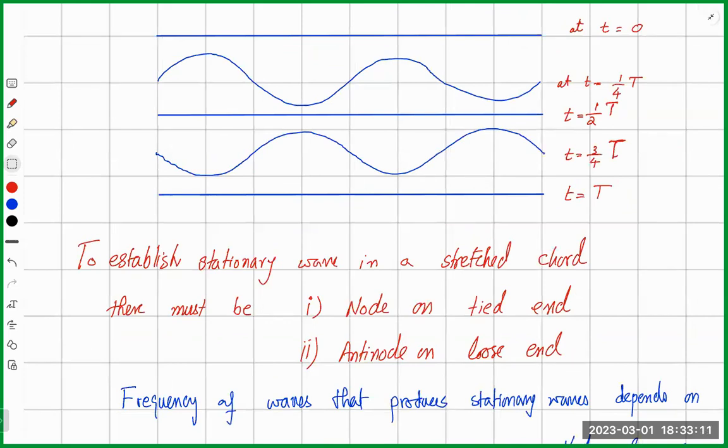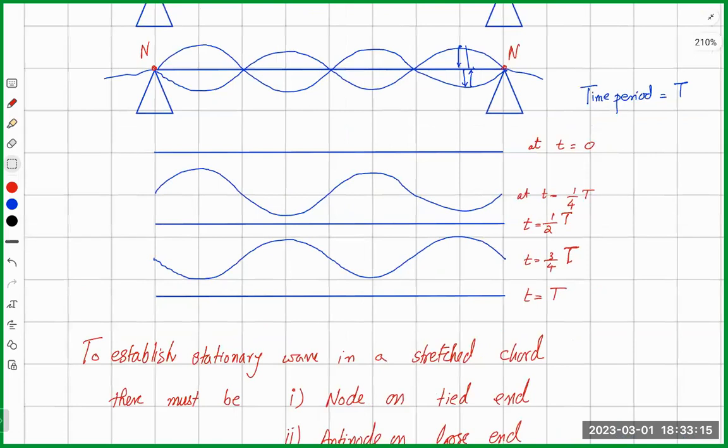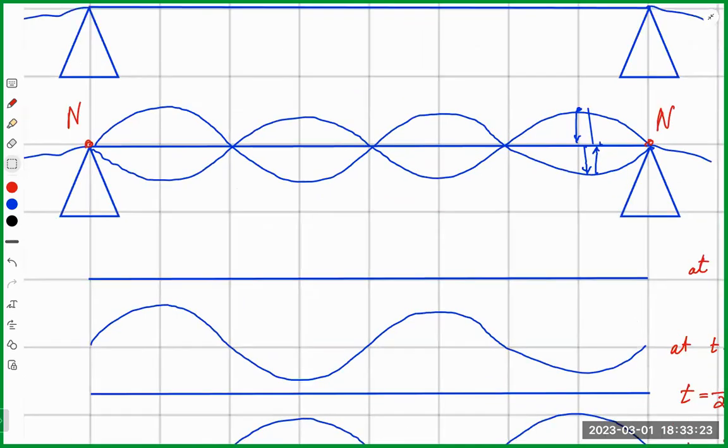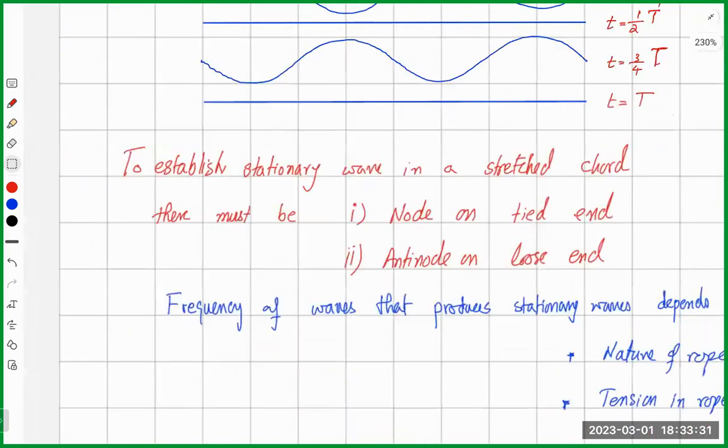Now, if you have a tied rope like this and you want to establish stationary waves, you need to have a node on the part that is tied. For example, this wave is tied on both ends, so it should have a node on both ends. The end that is tied will have a node.